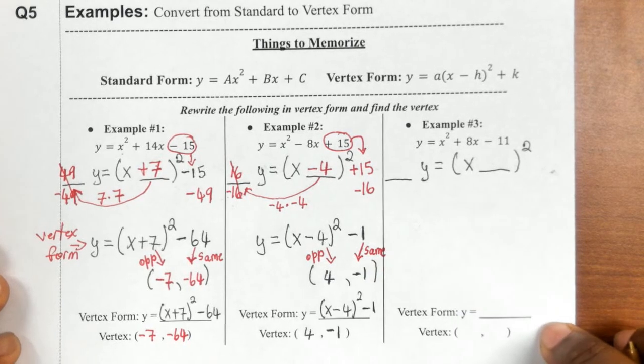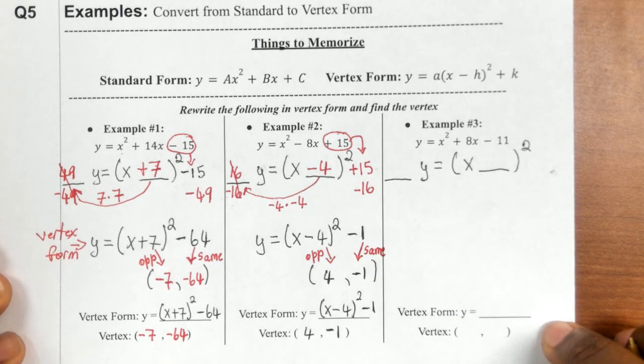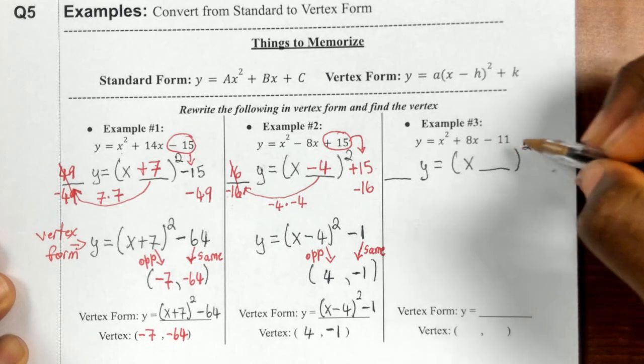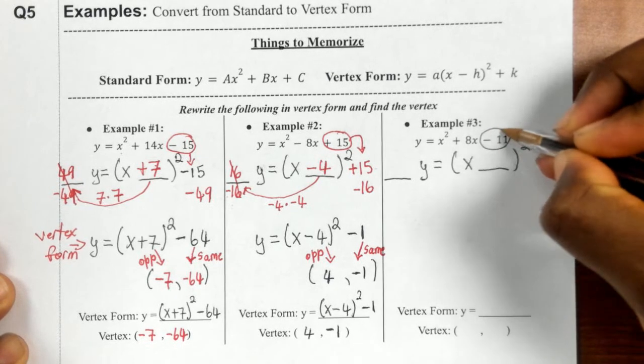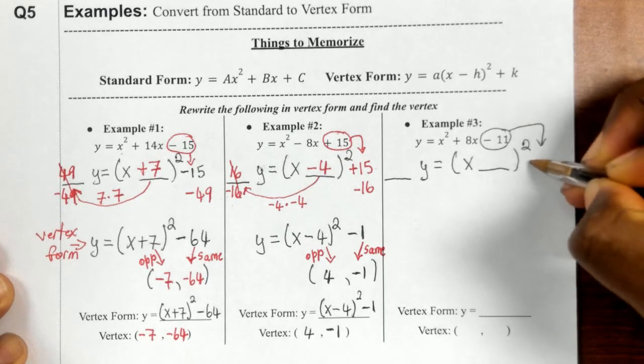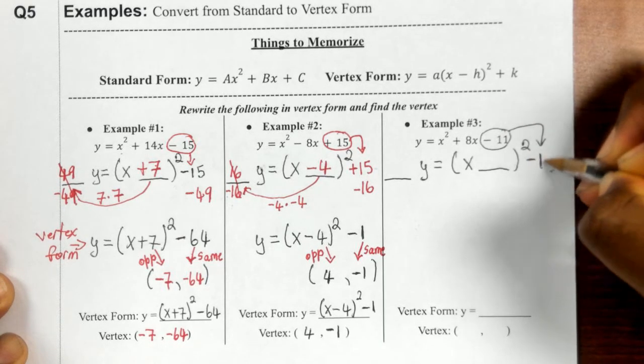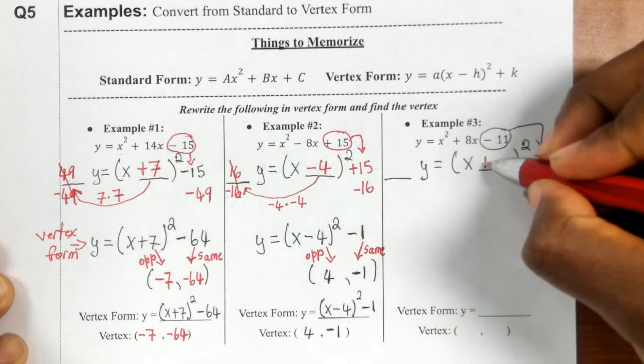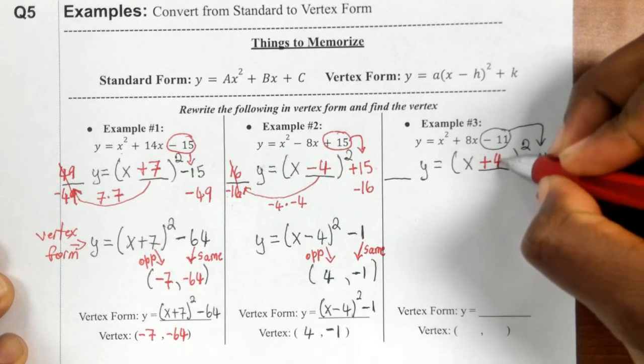So now let's do the next one, guys. I'm going to make you guys tell me what to do. The first thing I'm going to do is bring this down. Good job, guys. What's the next thing I'm going to do? I'm going to look at that middle number, cut it in half, and write a positive 4.